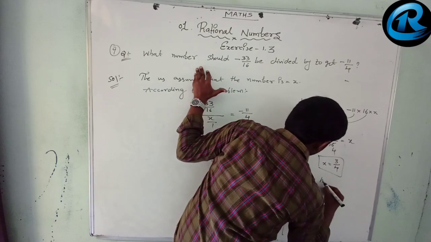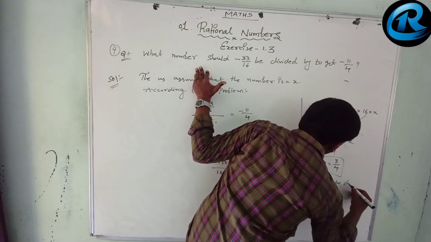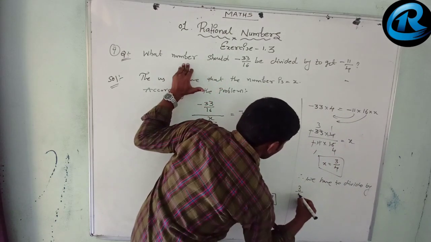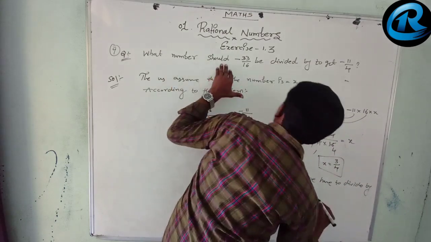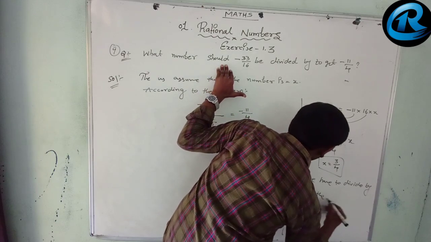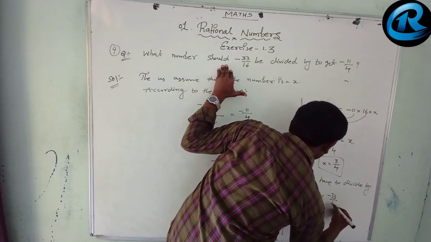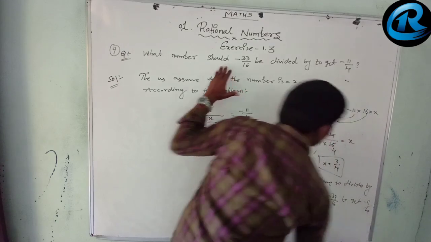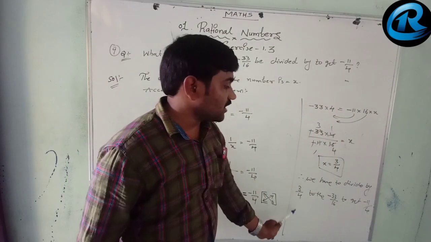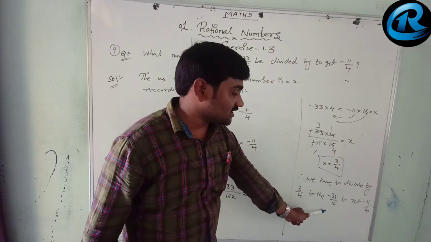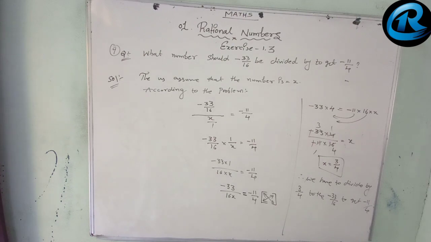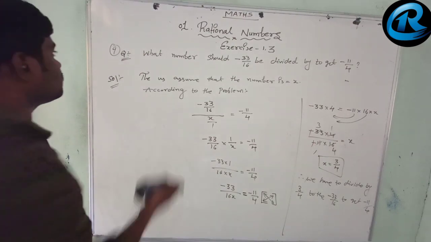We have to divide by 3 by 4 to the minus 33 by 16 to get minus 11 by 4. So we have to divide by 3 by 4 to the minus 33 by 16 to get minus 11 by 4. See this? Now we will go for question number 10.